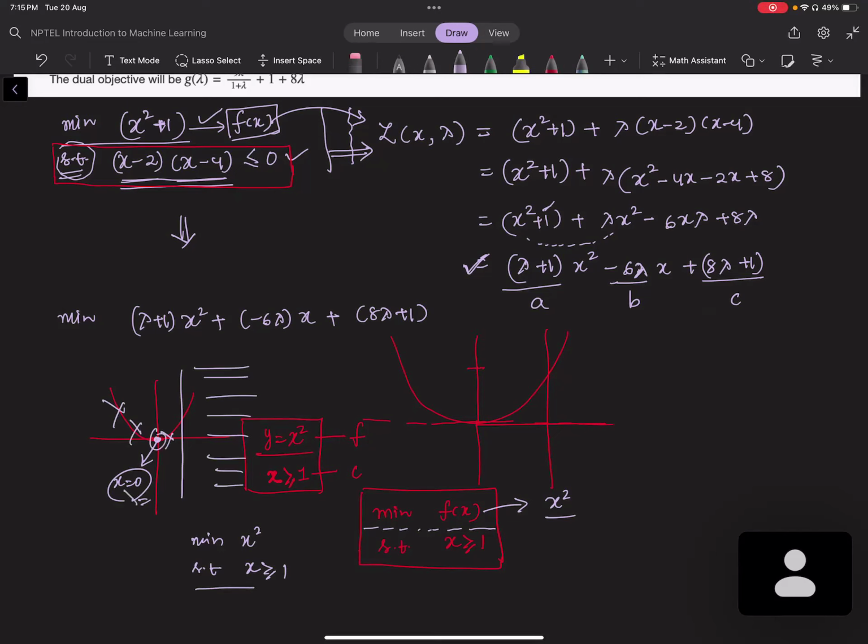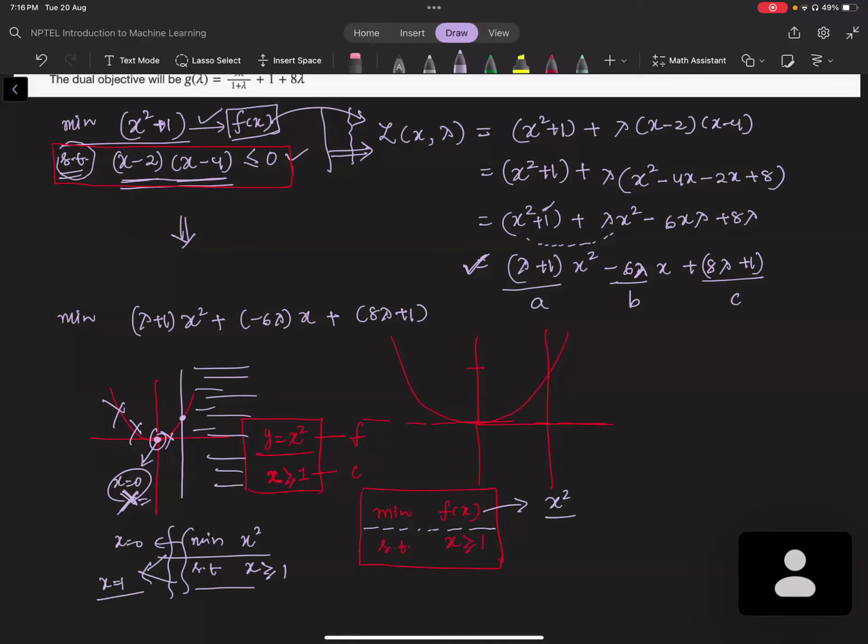So hence this will not be the smallest point. Since it is only valid in this range, the smallest point will be here. So for this solution x equals 0, for this solution x equals 1.